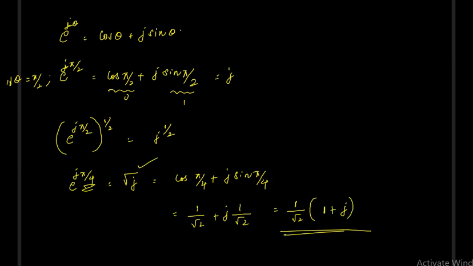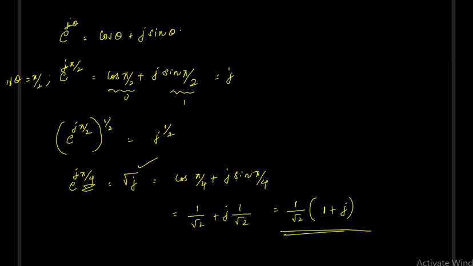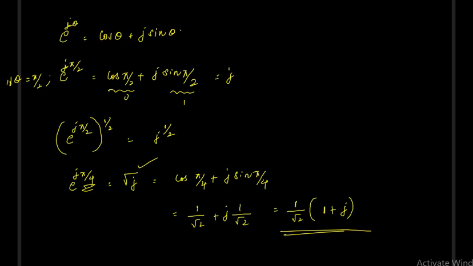Now let's substitute the square root of j here. So gamma becomes the square root of omega mu sigma multiplied with 1 by root 2 times 1 plus j.